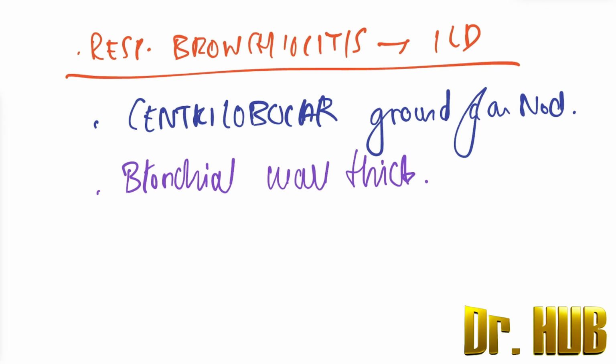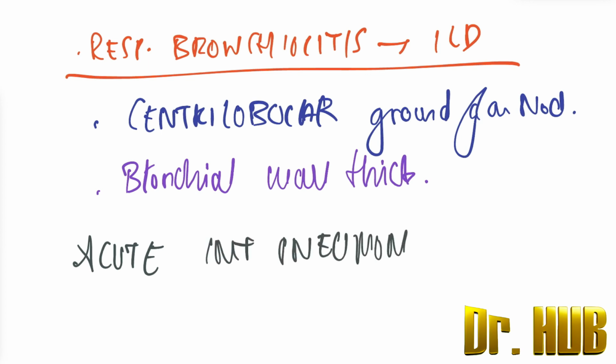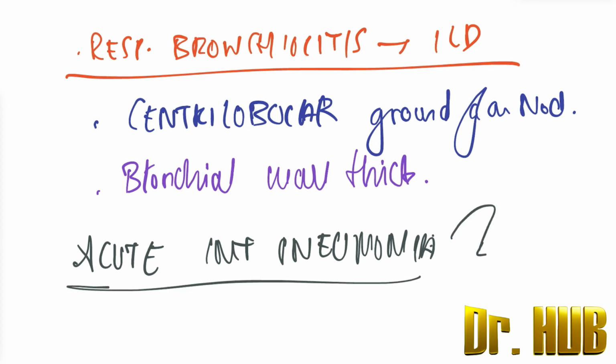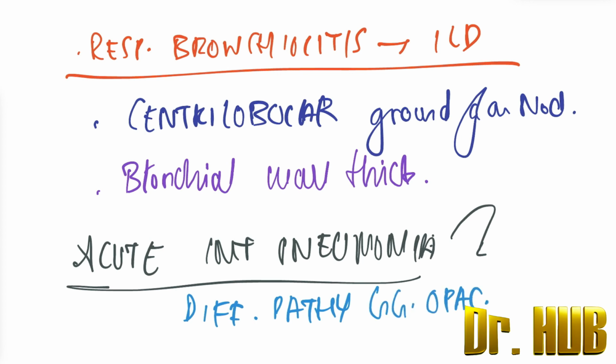Next, we move on to acute interstitial pneumonia. In acute interstitial pneumonia, there is the presence of diffuse patchy ground glass opacities.